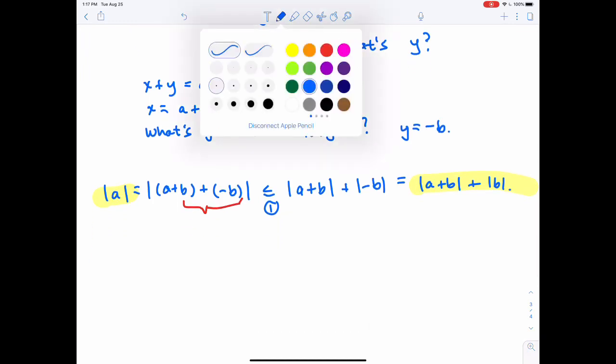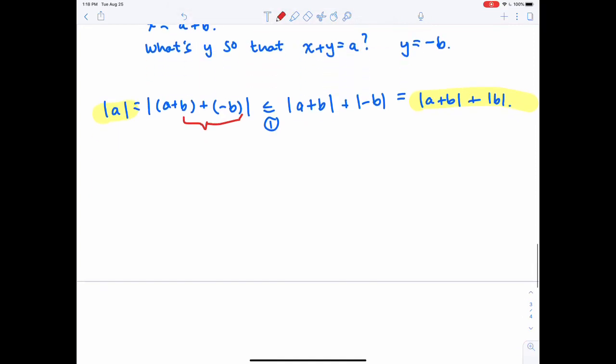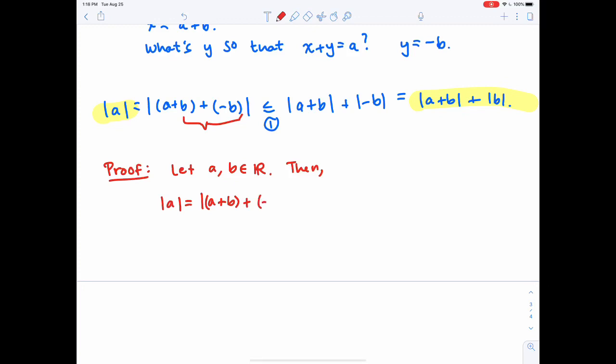So if I wanted to write this up as a proof, I could say proof. I'm going to let A and B be real numbers. Then I can say the absolute value of A is really the absolute value of A plus B minus B, or plus negative B. And then I can split it apart using triangle inequality 1, which we've already proven, so we can use that.